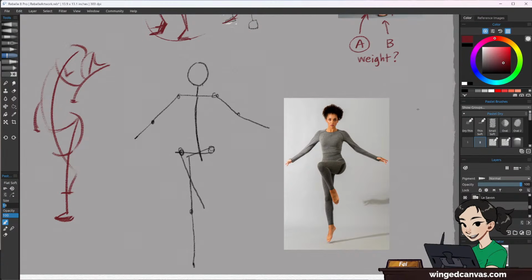So in this case, if you wanted to give her a little bit of gesture, if you want to find that S curve, it's a lot harder. So in this case, I would probably just draw her more of just a slight C curve like this, right? And then figure out, okay, what is her foot doing? What's her other foot doing? And then draw in her arms.